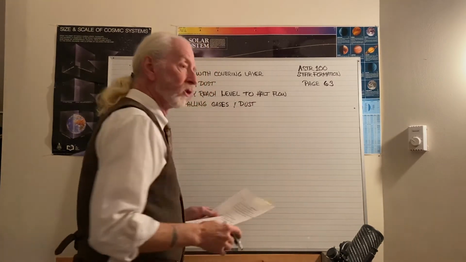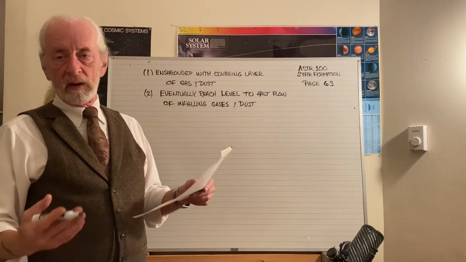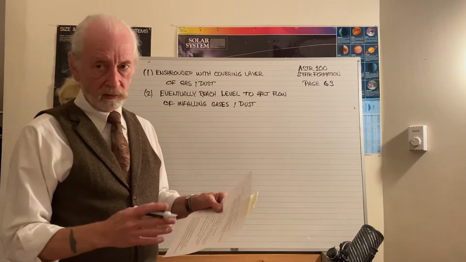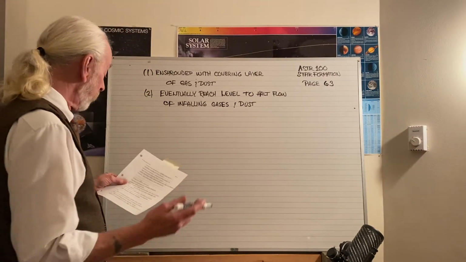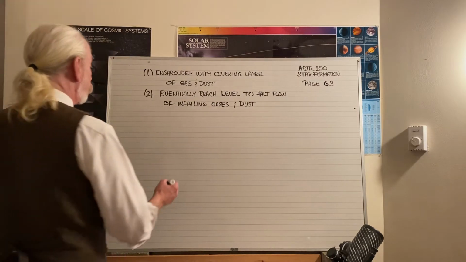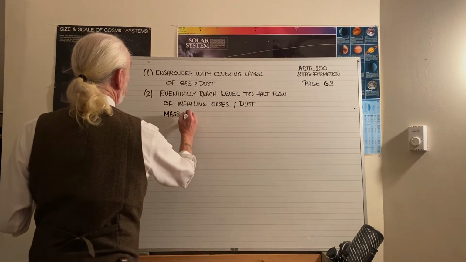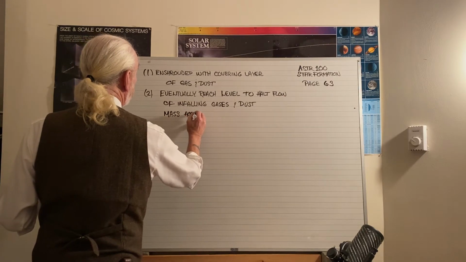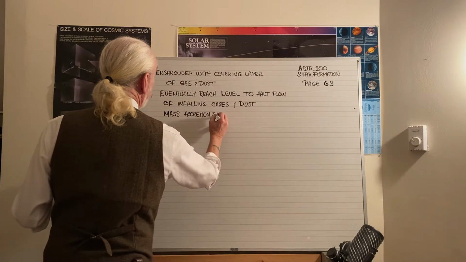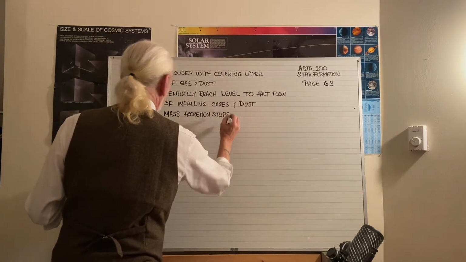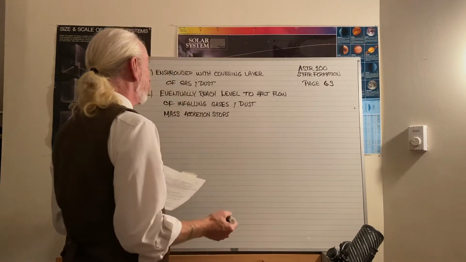Now, this radiation is still, we're talking about infrared and lower frequencies, longer wavelengths. The mass accretion stops, and the protostar becomes pre-main sequence.